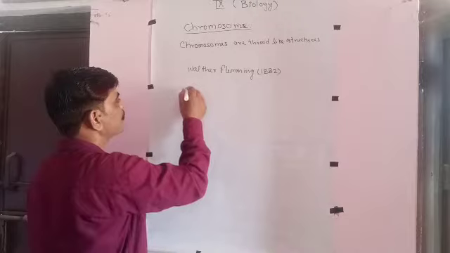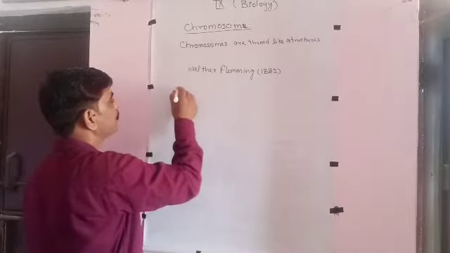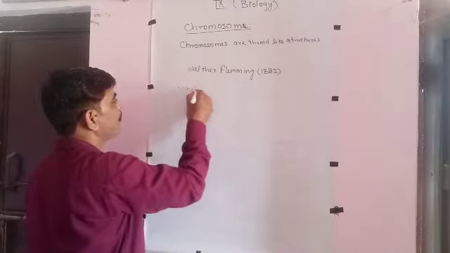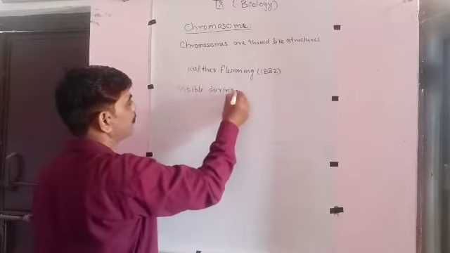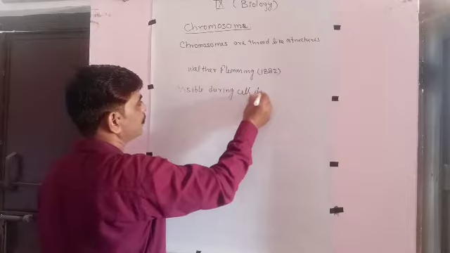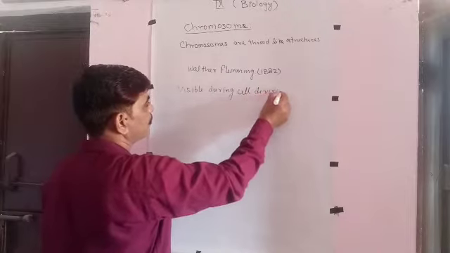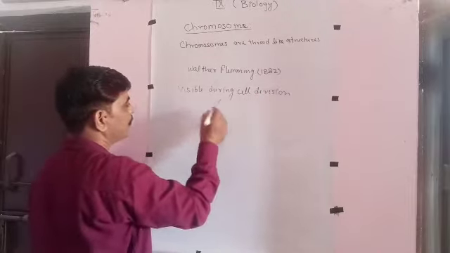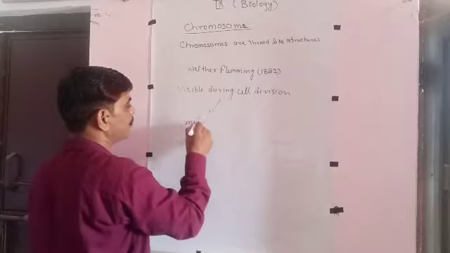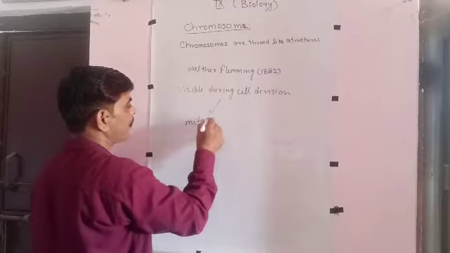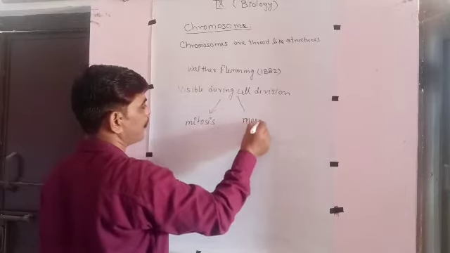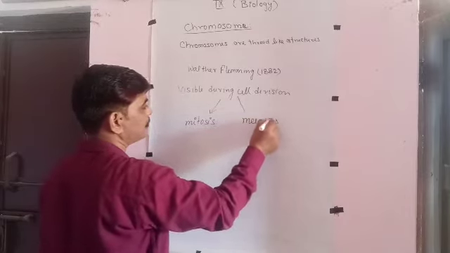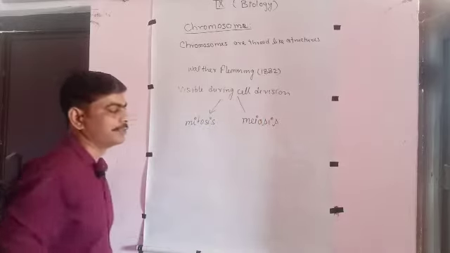During the process of cell division they appear visible, and this cell division is either mitosis or meiosis. There are two types of division.